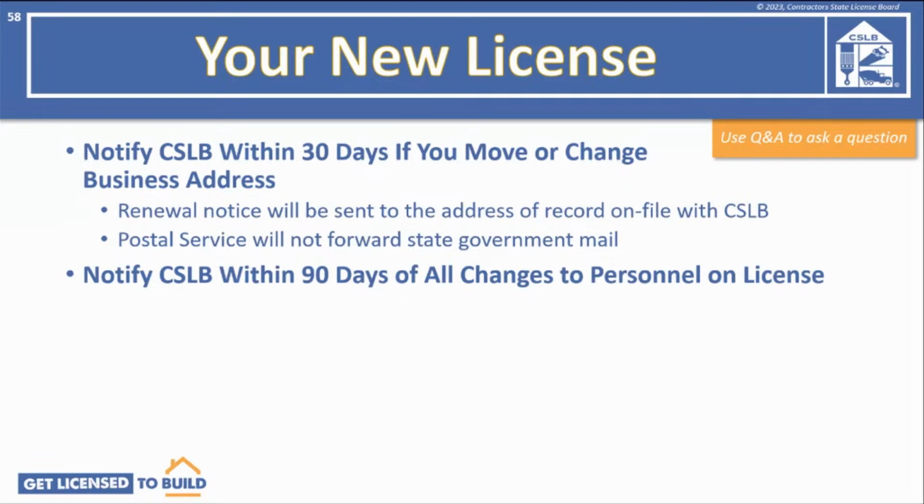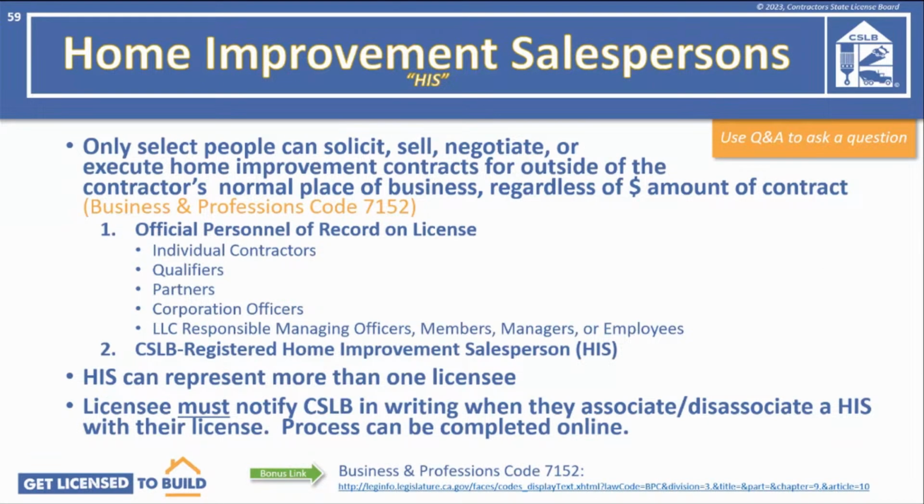Without an HIS, the official personnel of record on the license are the only ones who can solicit, sell, negotiate, or execute a contract. That includes individual contractors, license qualifiers, partners, corporation officers, and LLC responsible managing officers, members, managers, or employees.